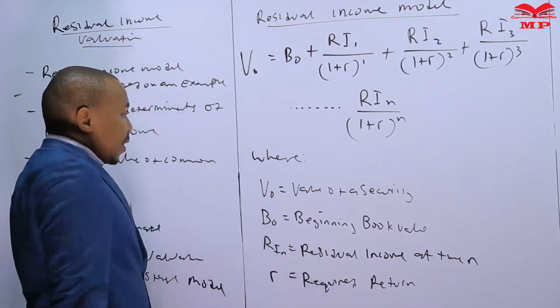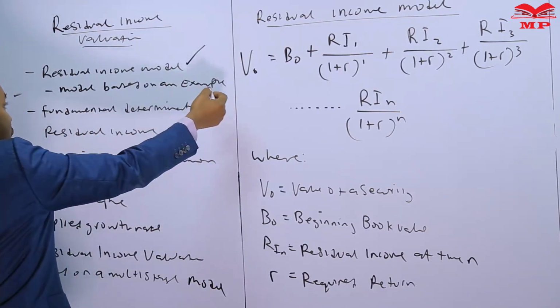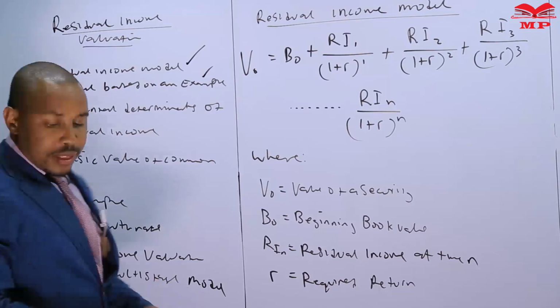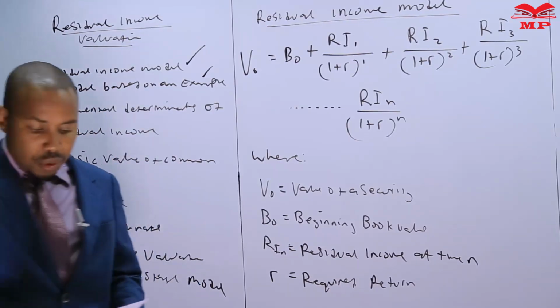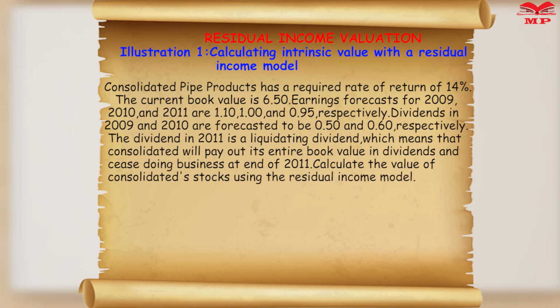So having defined that, let's look at an example. The example reads as follows. Consolidated Pipe Products has a required rate of return of 14%. The current book value is 6.5. Earnings forecasts for 2009, 2010, and 2011 are 1.1, 1, and 0.95 respectively.